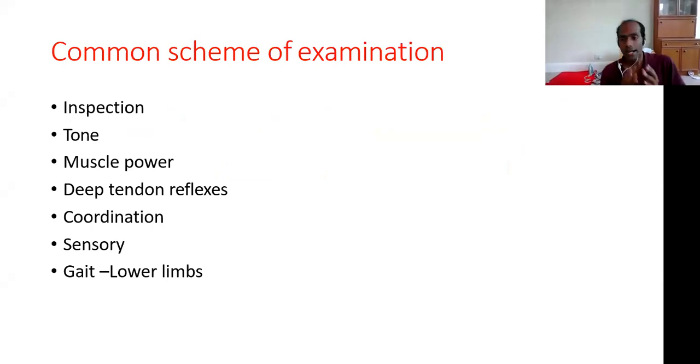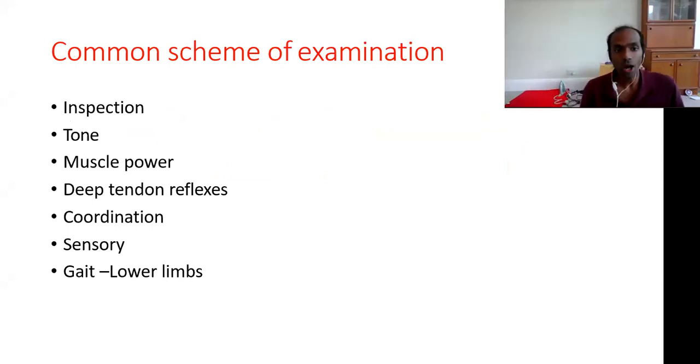Right, now again we start off with the examination technique. For the upper limb and the lower limb, there is a common scheme of examination. So the themes that we use for examination are the same for upper limb and for lower limb, so it's easier to remember. The structure is different from the other systems, but the upper limb and the lower limb examination have a common theme.